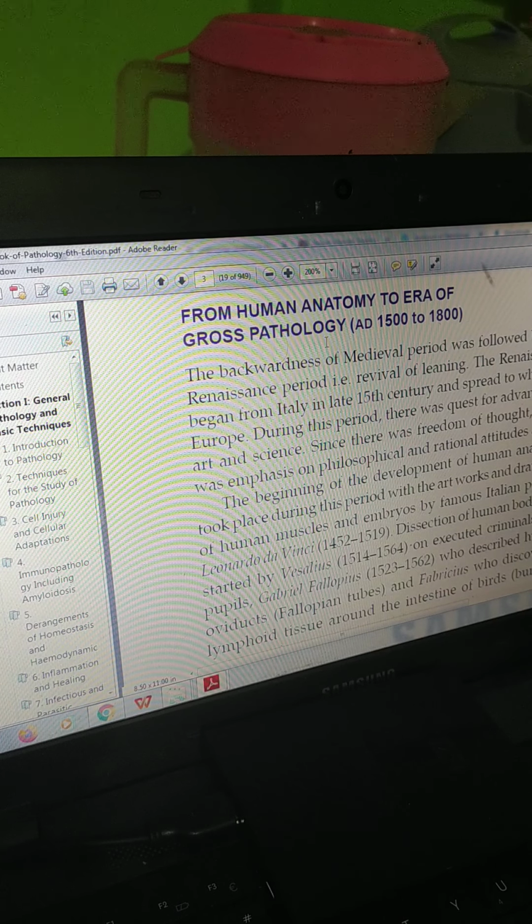Dissection of human body was started by Vesalius, 1514 to 1564, on executed criminals. His pupils were Gabriel Fallopius, 1523 to 1562, who described human oviducts, the fallopian tubes, and Fabricius, who discovered lymphoid tissue around the intestine of birds.